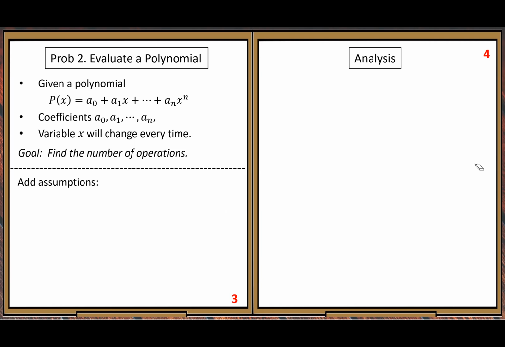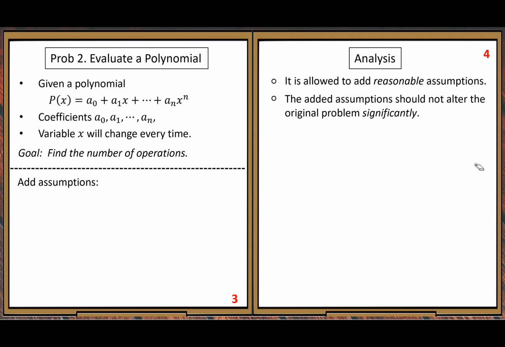Let's add some assumptions. We need a little more assumptions here. It is allowed to add reasonable assumptions. Our assumptions should be very close to real world situations.